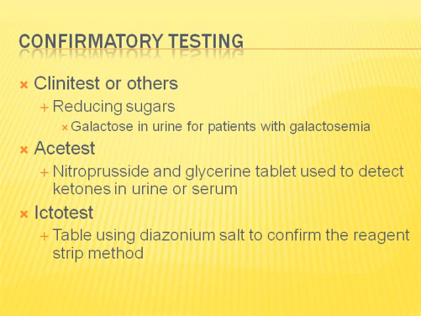Confirmatory testing. The CliniTest is something that will detect other reducing sugars other than glucose. The pad on the dipstick only detects glucose. So this is very important for pediatric patients under the age of 2, I believe, where you could be detecting galactose.